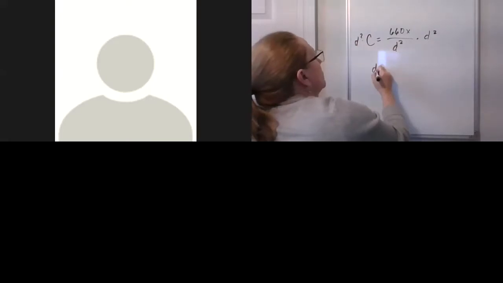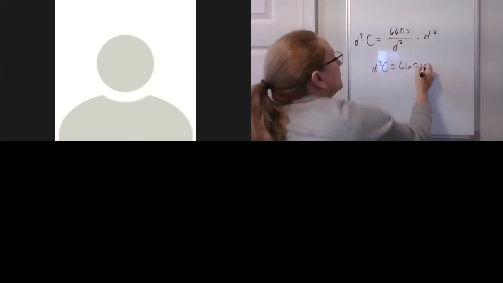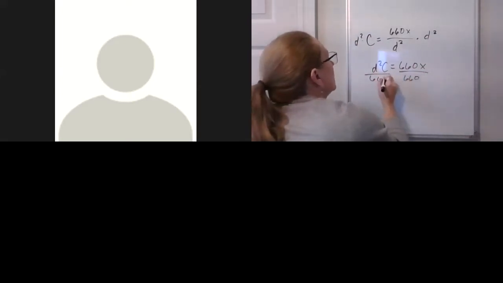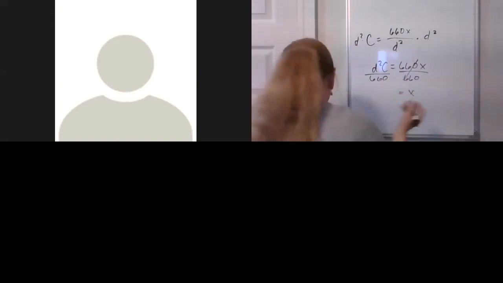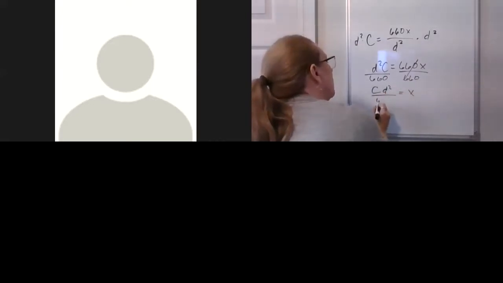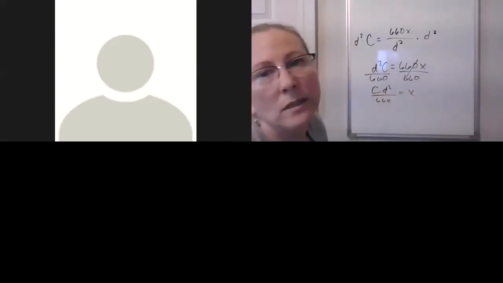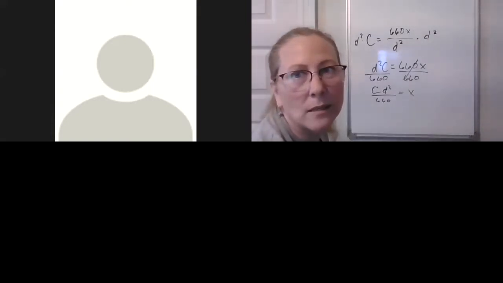So I get d squared c equals 660x. And I just get rid of the 660 from both sides. That one cancels, so x is equal to d squared c over 660. They might put the c first just because it's bigger, but it doesn't matter, c first or d squared first. You've got x by itself.